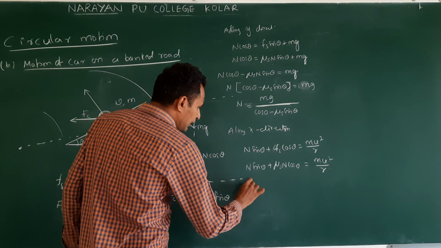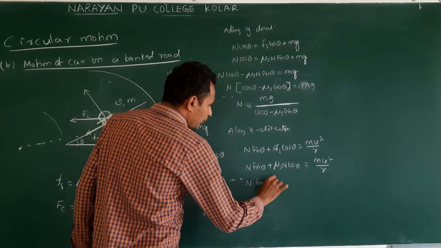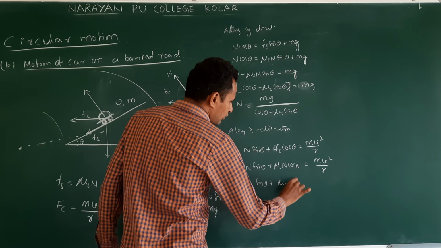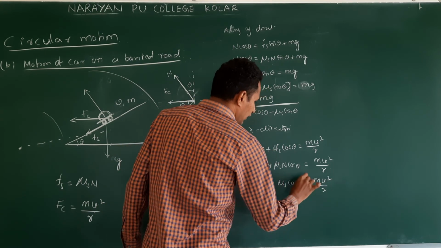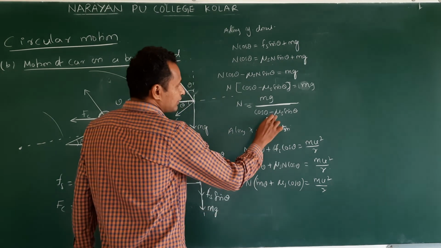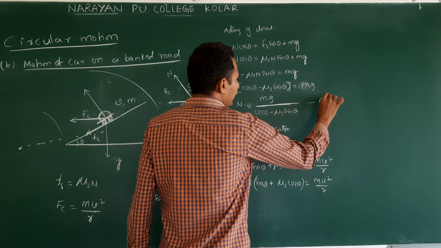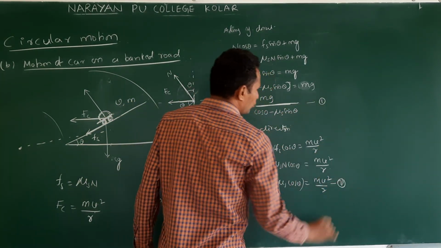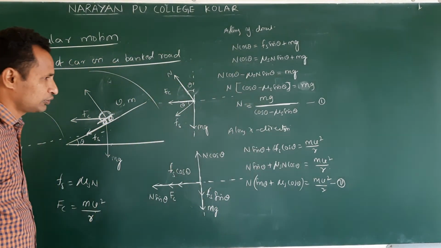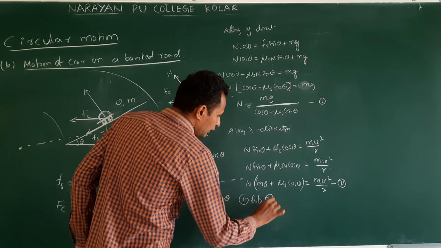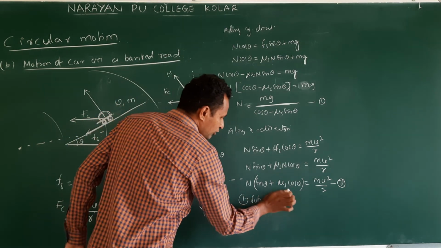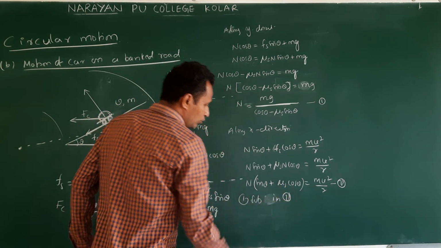Now N common: N times sin theta plus mu s cos theta is equal to mv square by r. From this, equation 1, this is equation 2. Substitute 1 in 2.